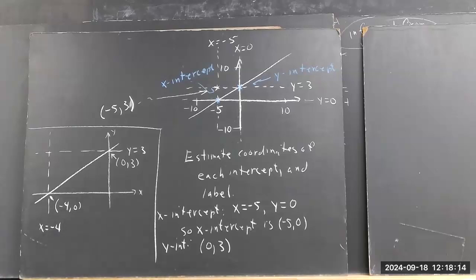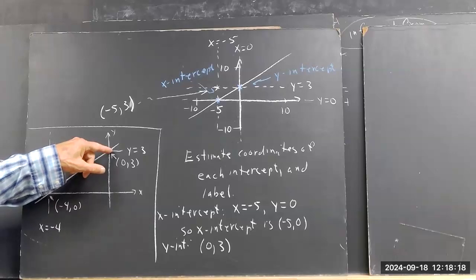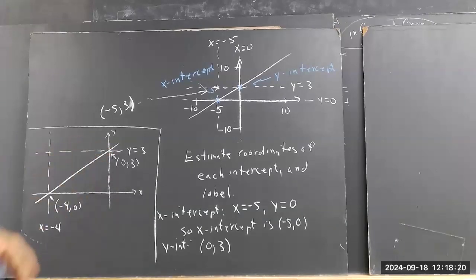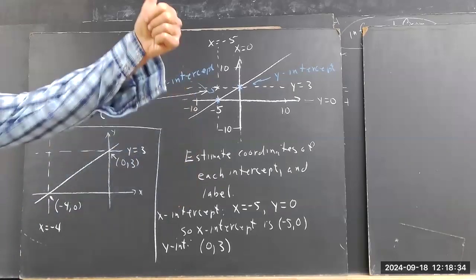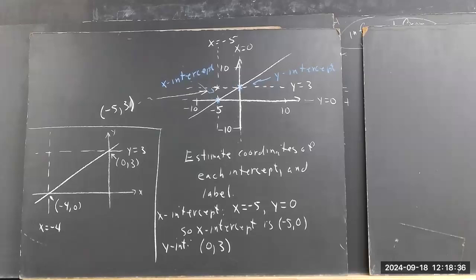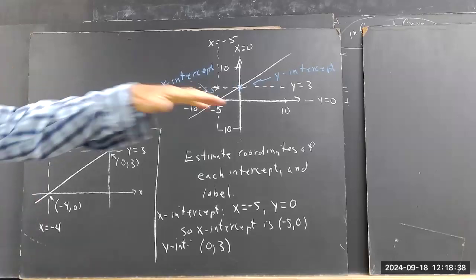Okay, now we're going to imagine moving from this point to this point. But along the path, it can only go along a horizontal line or a vertical line. So we've either got to go this way and then this way to get to the point, or we could go this way and then this way.